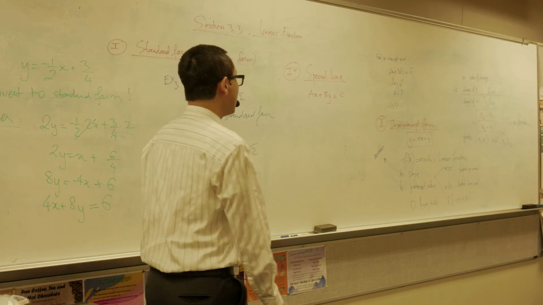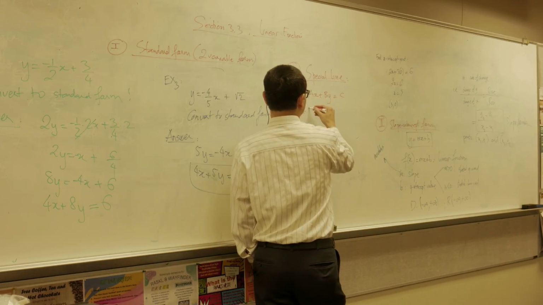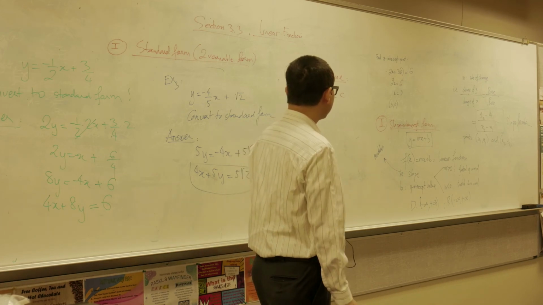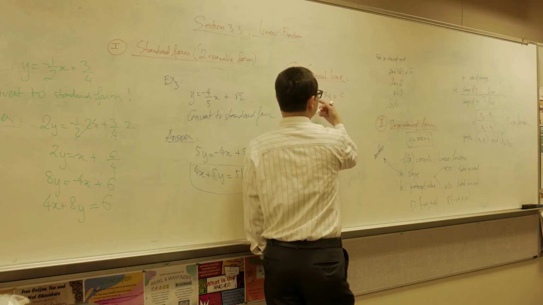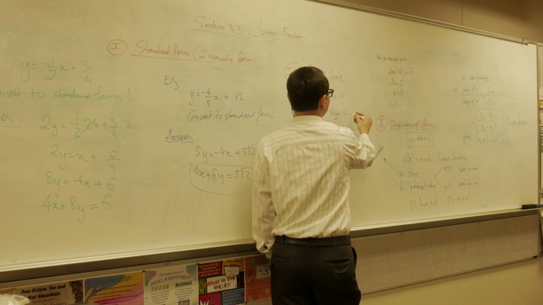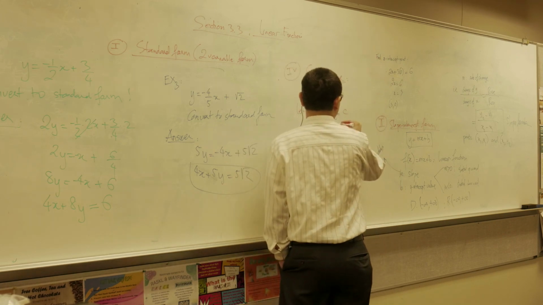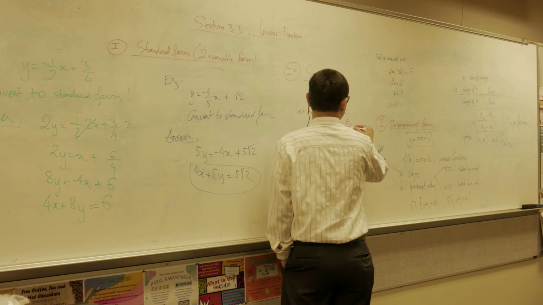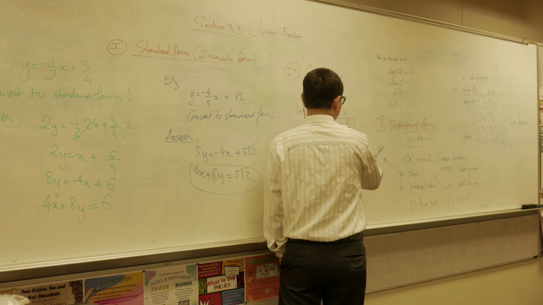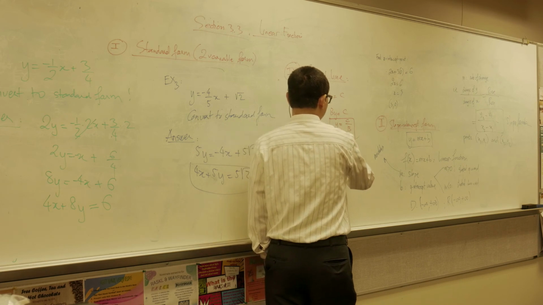Now I'm going to solve for y when A equals 0. So let A equal 0. Then my equation becomes what? 0 times x is just gone, so you have By equals C. To get y, you divide both sides by B, so y equals C over B. If you see a linear equation in this form, this is a horizontal line.